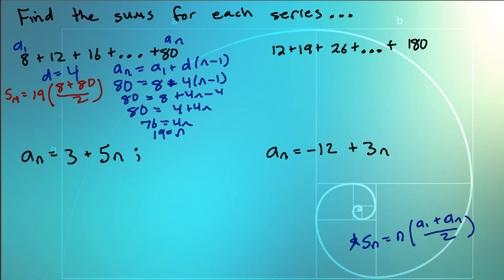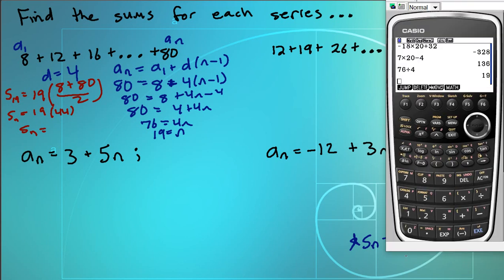So this is going to be 88 divided by 2, and 88 divided by 2 is 44. So I have 19 times 44. And Sn is going to be, let's go ahead and bring up the calculator, 19 times 44, and get 836.